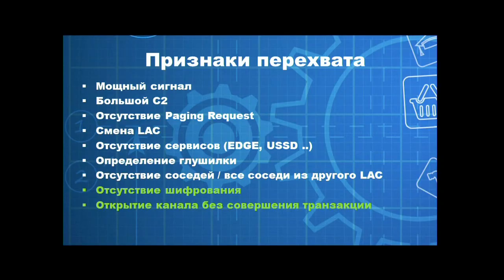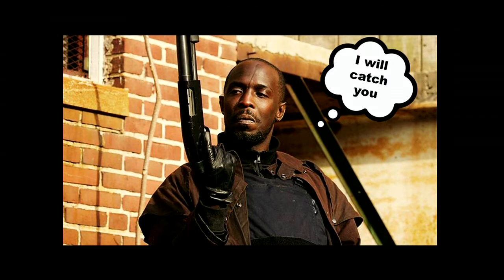All the features highlighted in white are something that you can receive passively without interconnecting with the network. There are also other signs that we can look for, like absence of encryption and opening of channel without transaction.